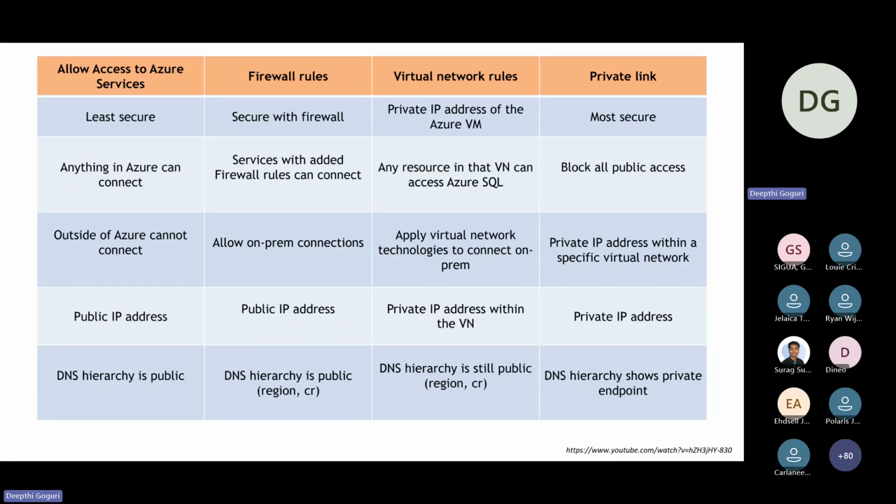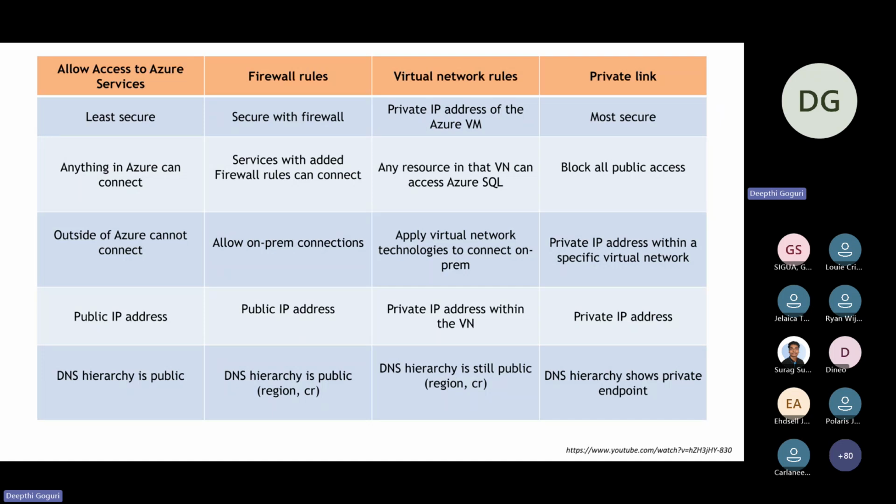That's where you will be creating your one virtual network rule. And here you will have a private IP address within that particular virtual network where your database is hosted. But still, when you do the NS lookup, information like region information and control ring information is still open and visible. So it's still not secure.